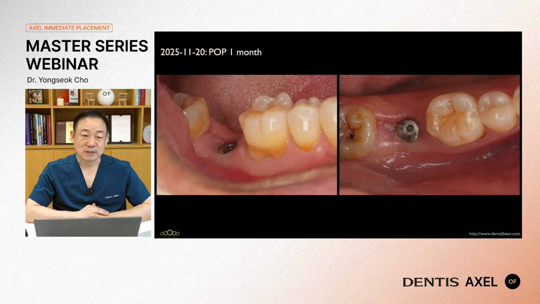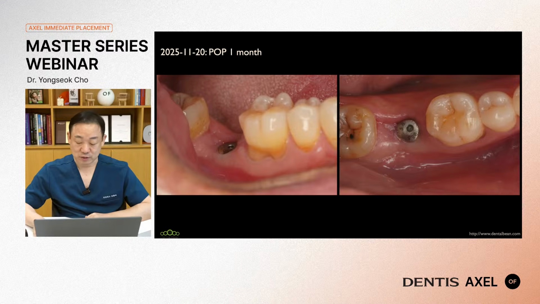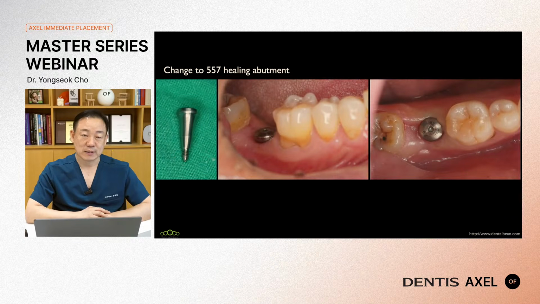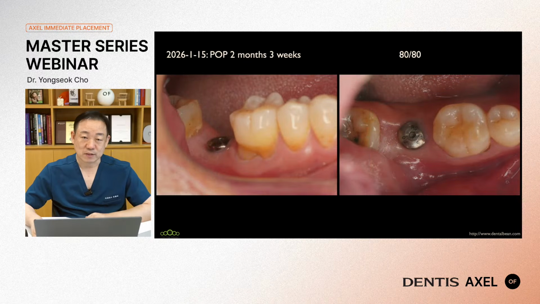Here is the 1 month follow-up. Soft tissue healed well, but the healing abutment is still under the gingival margin. I decided to change the healing abutment to a longer one, 5 by 5 by 7 millimeter. And 2 months and 3 weeks after the operation, the ISQ value increased to 80, 80.